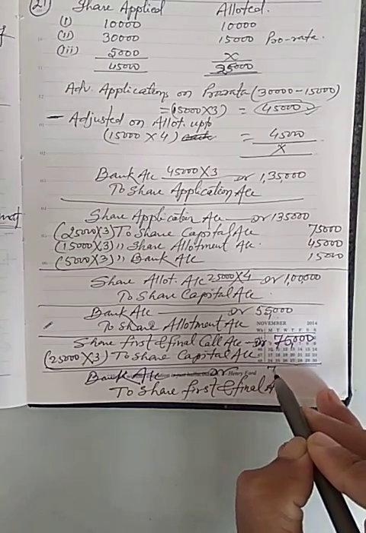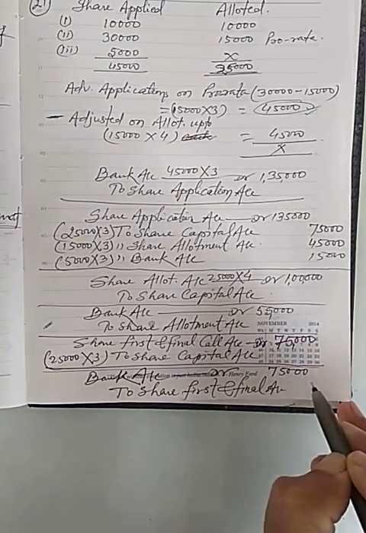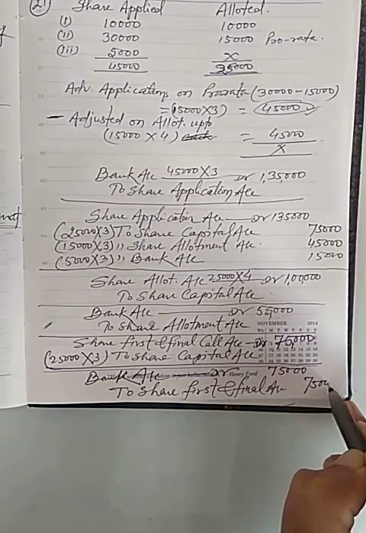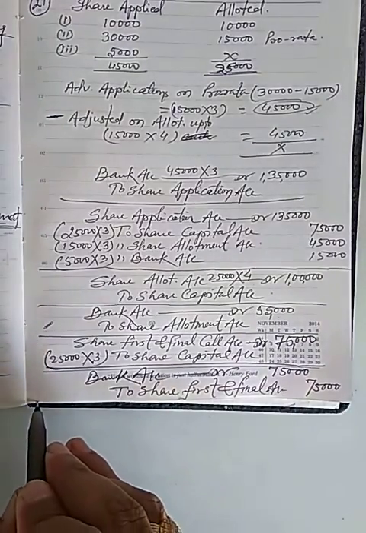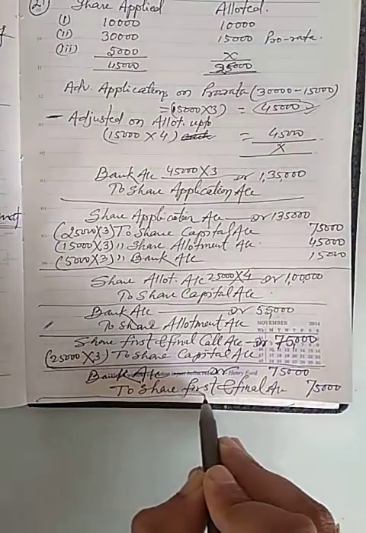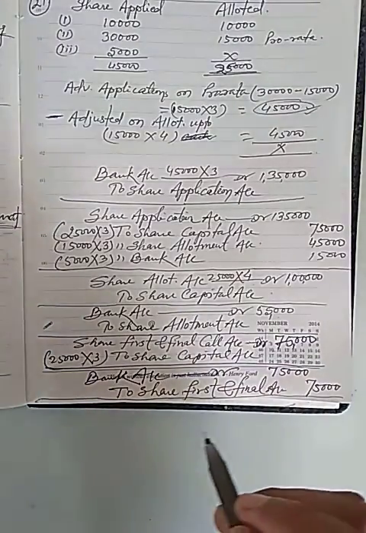So it will be 75,000 on the debit side and credit side also. So this is the solution of this question.